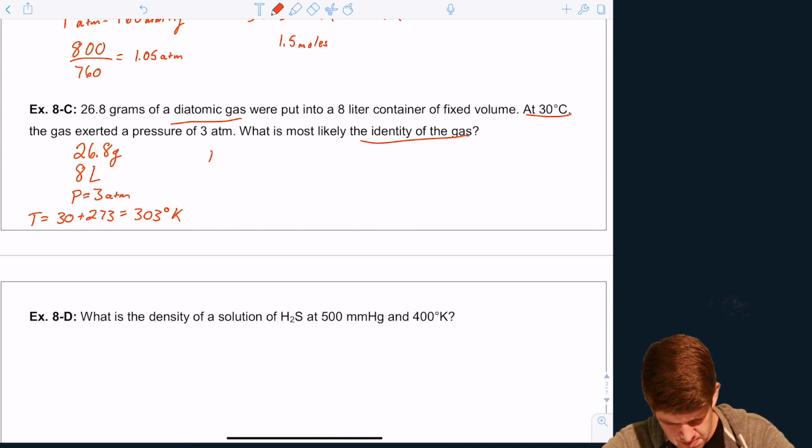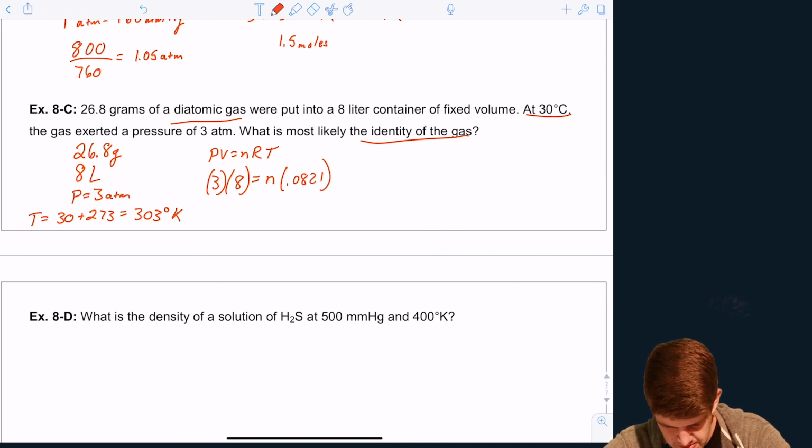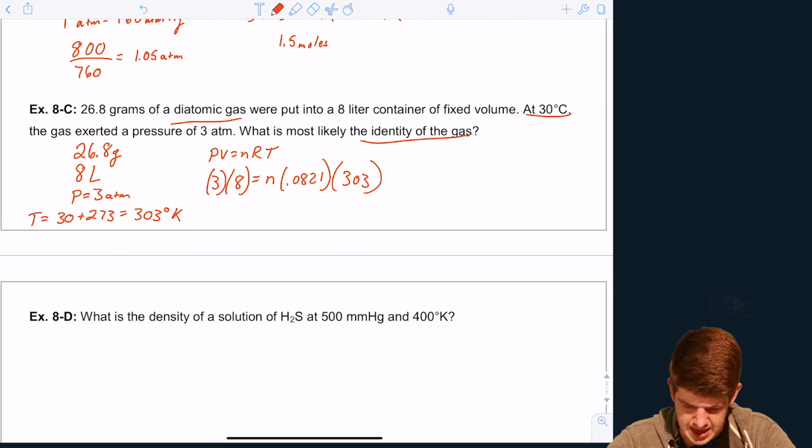So if I set this up, PV equals nRT, 3, 8, I don't know n, R is a given, and then T is 303. So let's just get all of that balanced out. So it'll just be 24 divided by 24.8763.